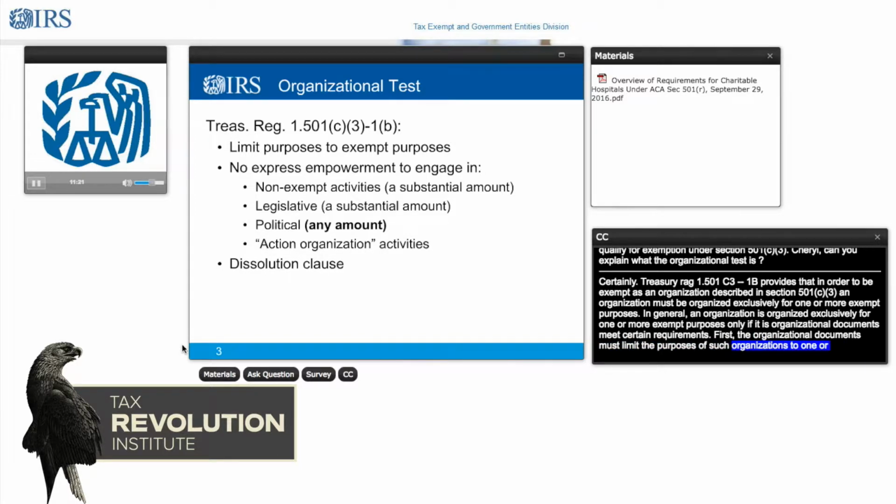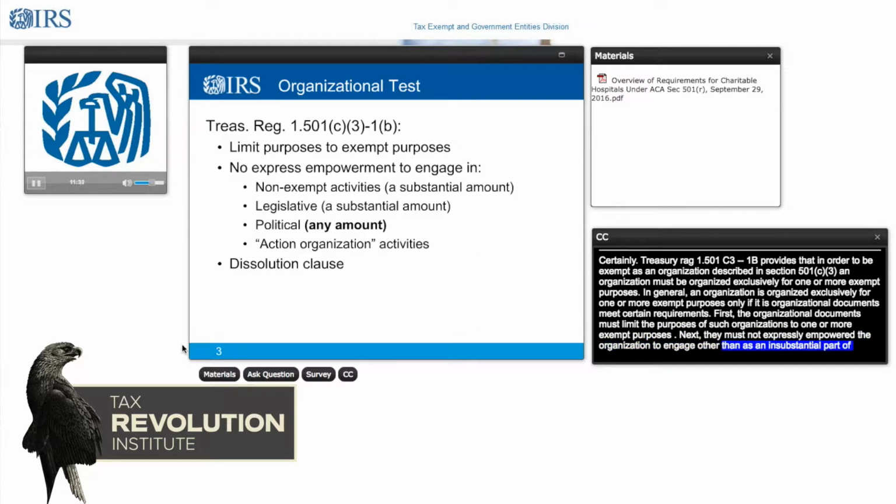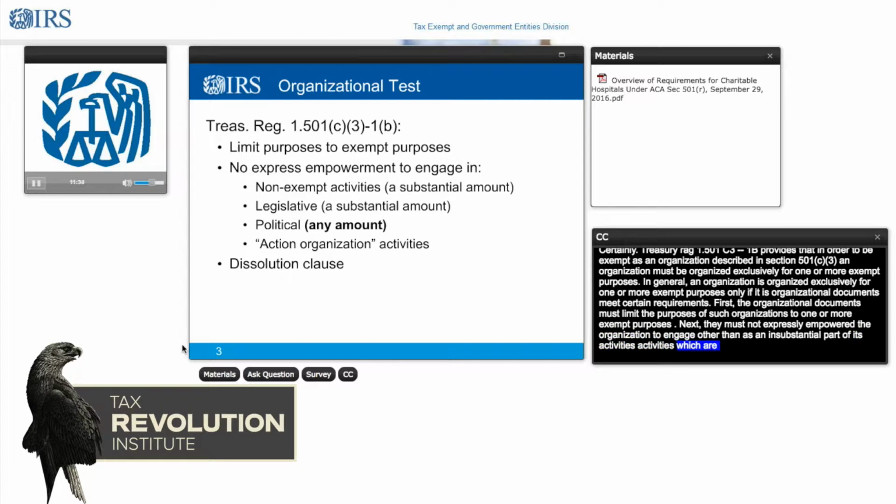Next, they must not expressly empower the organization to engage, other than as an insubstantial part of its activities, in activities which in themselves are not in furtherance of one or more exempt purposes.